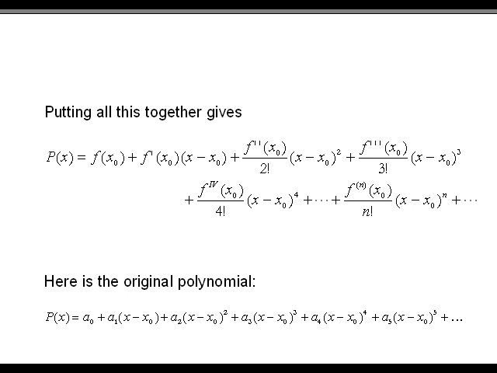This Taylor polynomial equals the first term, a0, which is the function. a1 is the first derivative. a2 is the second derivative divided by 2 factorial. a3 is the third derivative divided by 3 factorial, etc. The nth coefficient is the nth derivative of the function divided by n factorial.